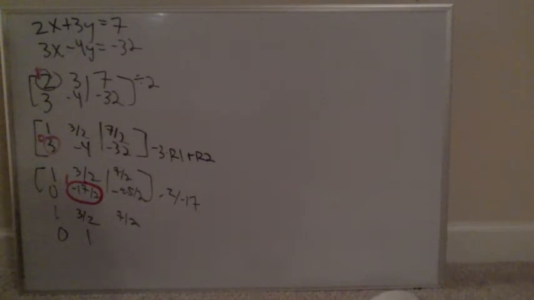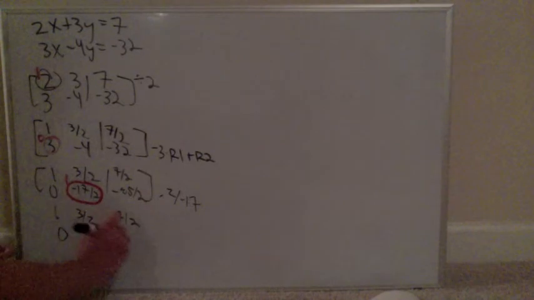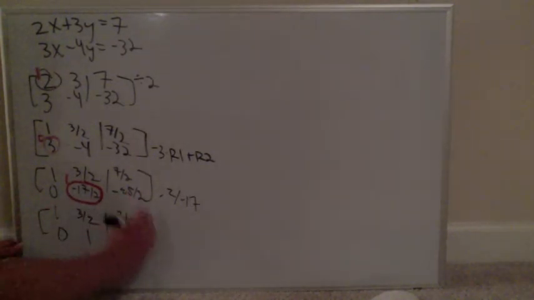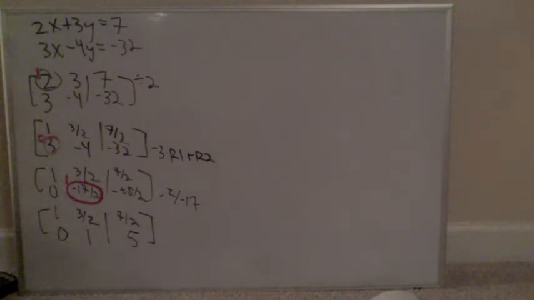So we have -85 over 2 times -2 over 17. So that result is 5. Alright, we are almost complete.